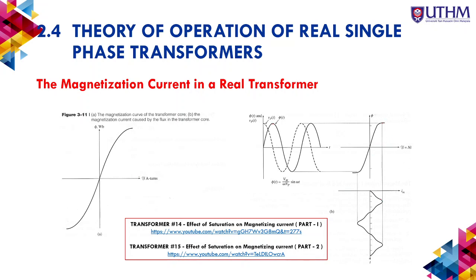So the IM you can see is not sinusoidal. It has a bit of a curve here, which is actually due to this part, the magnetization curve. Therefore it becomes like this.